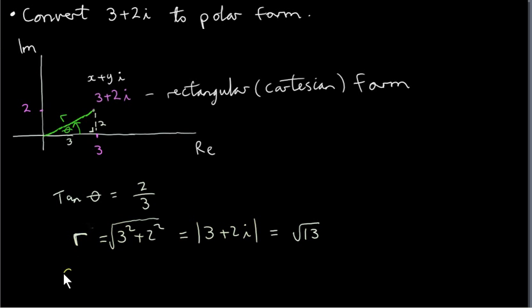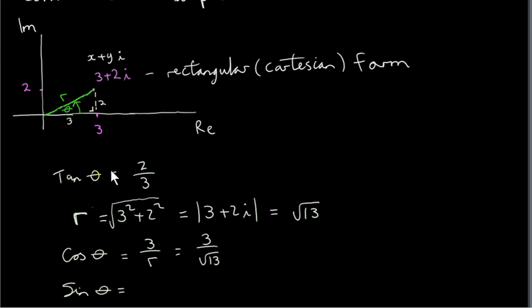Now let's look at the cos of theta. I want to give the connection between the x value, our real part of this complex number, theta, and the modulus r. Cos of theta is the side adjacent to theta, which is 3, divided by the hypotenuse, which is r. And since r is the square root of 13, we see that cos of theta is 3 over root 13.